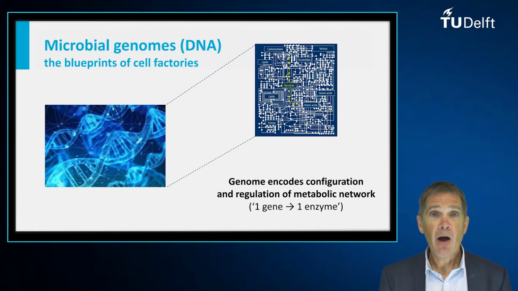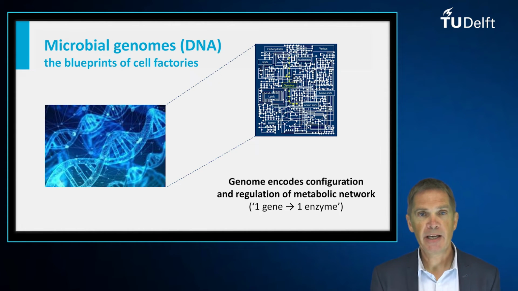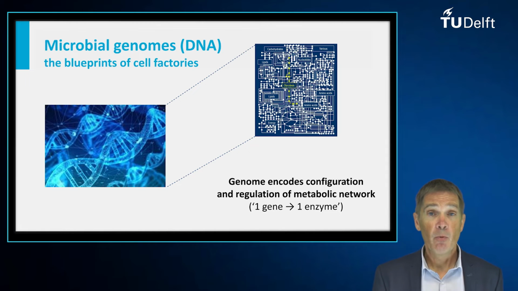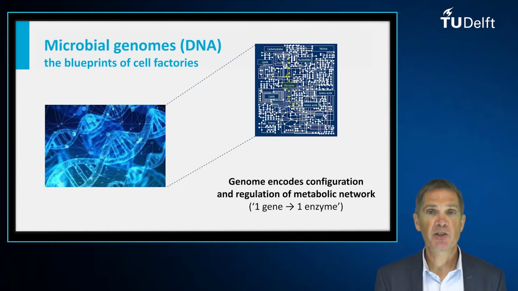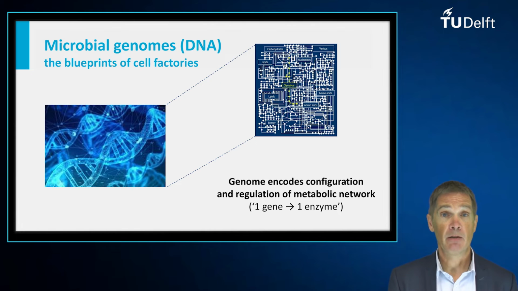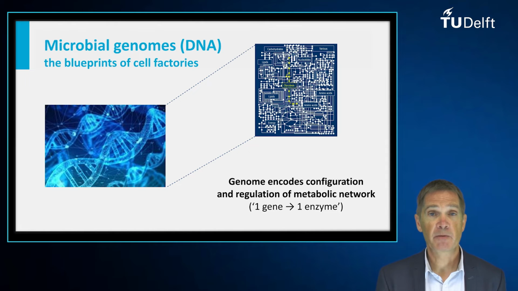To understand how we can improve the performance of microbial cell factories for industrial application, we need to dig one level deeper in their organization. The genome, that is, the DNA of these living cells, specifies which enzyme and transport reactions are possible in a given cell, and how presence of individual reactions is regulated by external conditions.